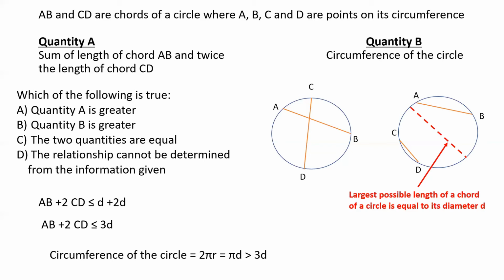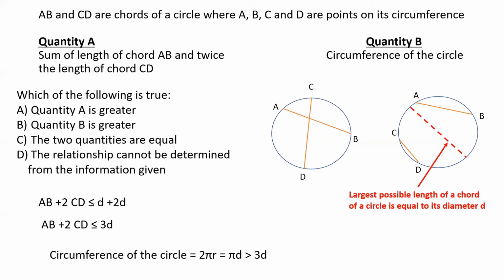So what we find is that the maximum value that quantity A can take is actually less than the circumference of the circle, because the circumference is greater than 3d, and that's the maximum value quantity A can take.